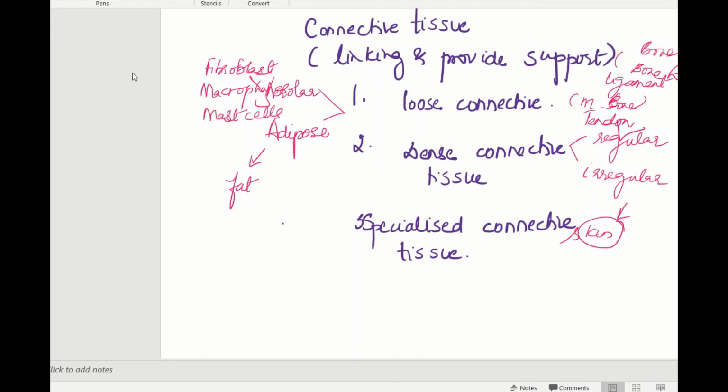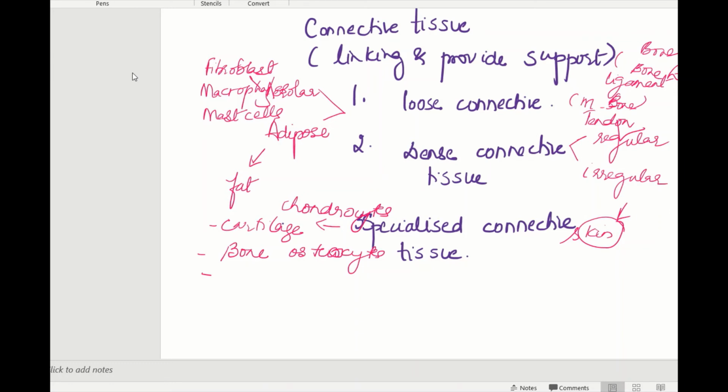Now specialized connective tissue, what all did we see? We saw cartilage, right? Cartilage is made up of cells called chondrocytes. And then second, we saw the bone. Bone is made up of cells which are called osteocytes.